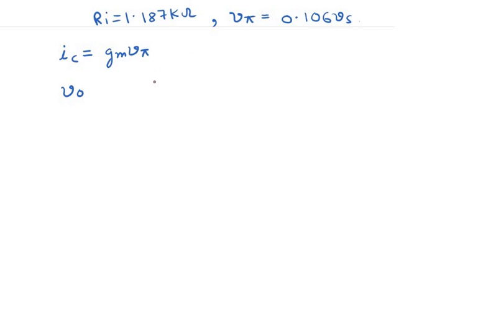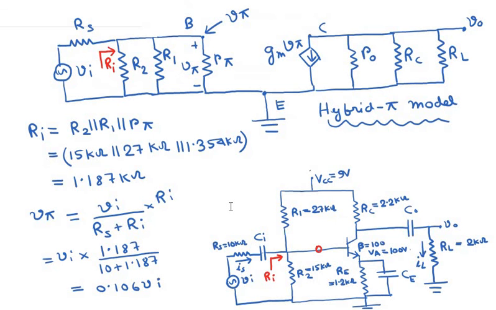So V0 is basically equal to minus IC into R0 parallel to RC parallel to RL. Why minus? This we have discussed earlier: the current through this resistor is flowing in this direction, from the ground towards the top. That is why V0 is negative, or a negative sign appears at V0.